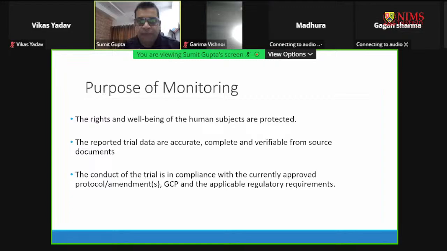It could be delisting of the company, or major regulatory complications witnessed by the companies. So corrective and preventive actions are an integral part of any clinical trial, and they have huge importance. And let's see what I have today.